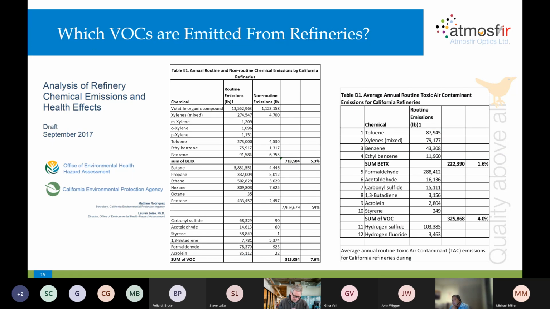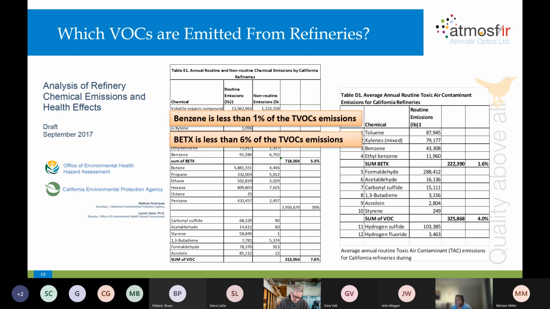So I looked at the OEHHA document, and I summed up all the emissions going out of the refinery as reported to the regulator. And what we found out is that benzene is less than 1% of the total VOC emissions from refineries and actually the petrochemical industry. Second, if we're going to use the BTEX as a surrogate for the total VOC, we can see that the BTEX are just 6% of the total emissions.